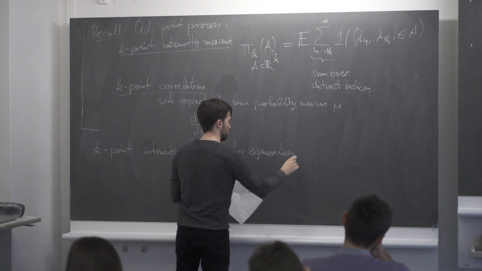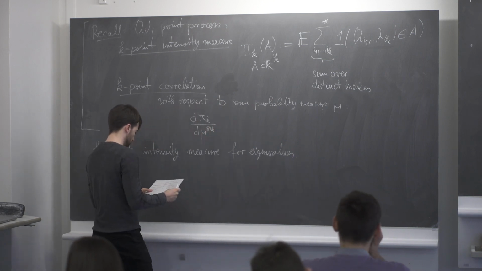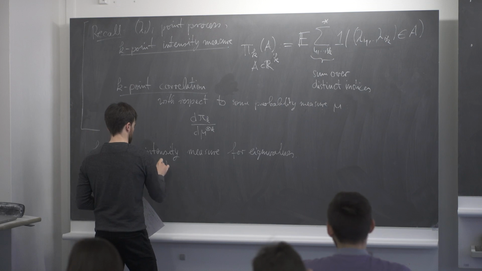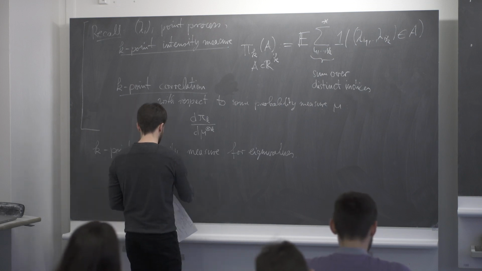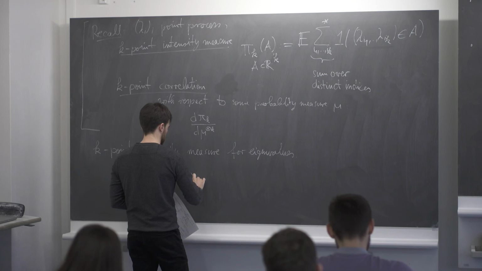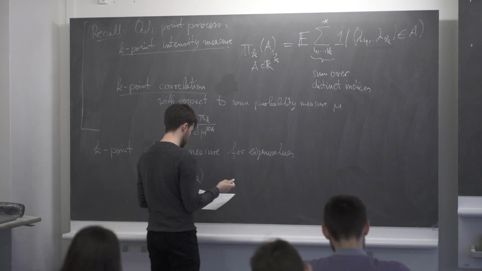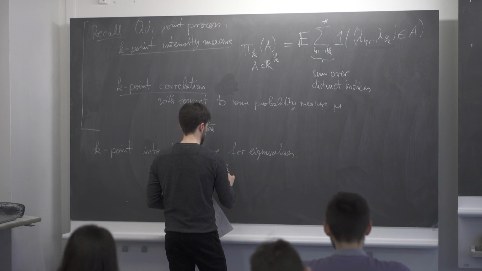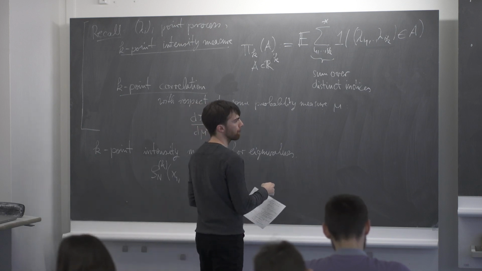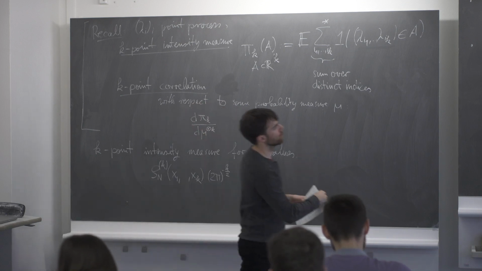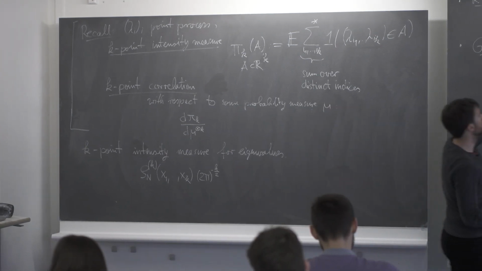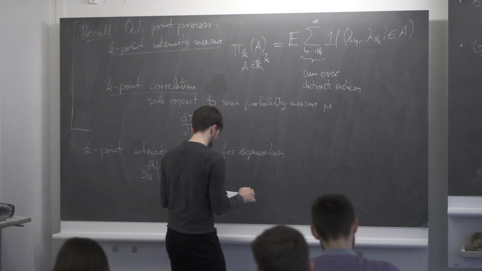What does the k-point intensity measure look like there? So it's the k-point correlation function, not very surprisingly. And then we have just these Gaussian weights, because in that notation we have to multiply it with mu's for the x_1 up to x_k.